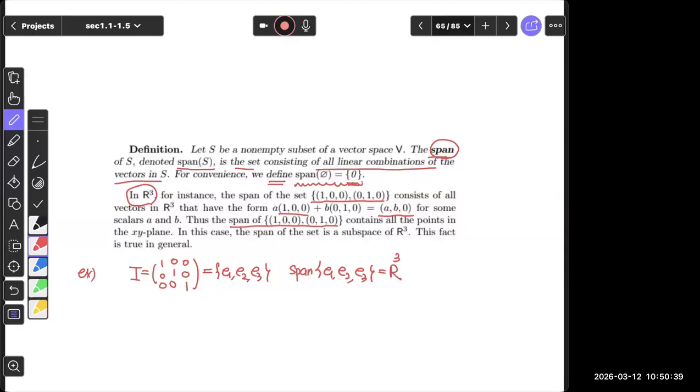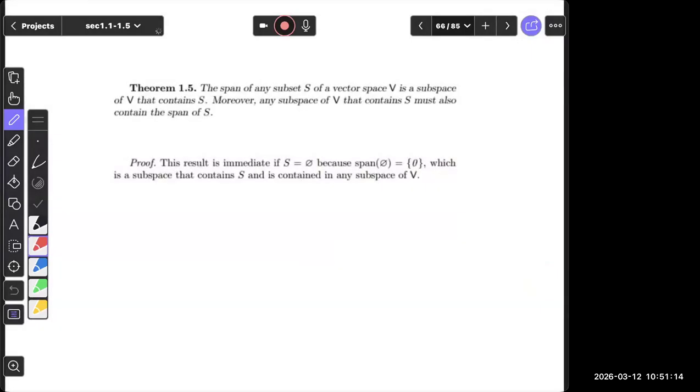And that will be the same as the span of the vectors (1,0,0), (1,1,0), and (1,1,1). Please check this. So the span of (1,0,0), (0,1,0), (0,0,1) will be the same as the span of these three vectors, and both define the R3 space. Please check this yourself.